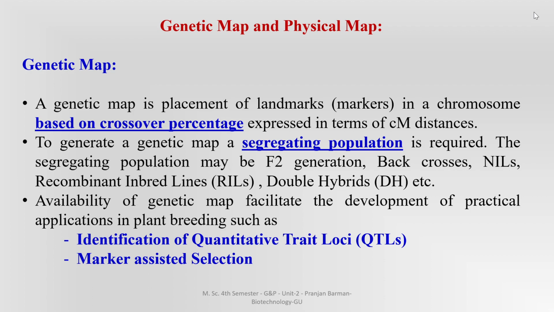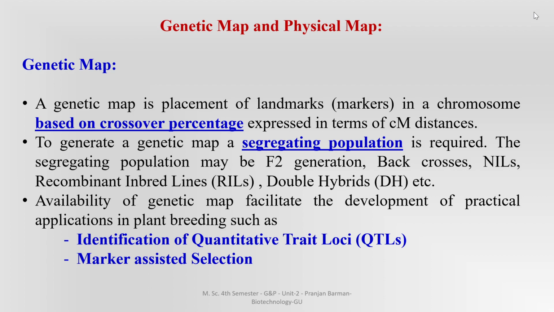Even though, the genetic map has some applications, which we will be discussing later on. Identification of quantitative trait loci is one of them. Marker assisted selection is very much used by plant breeders, because of which you have different brinjal varieties in the market, different bhindi, ladies finger varieties, and different kinds of dals available in the market.